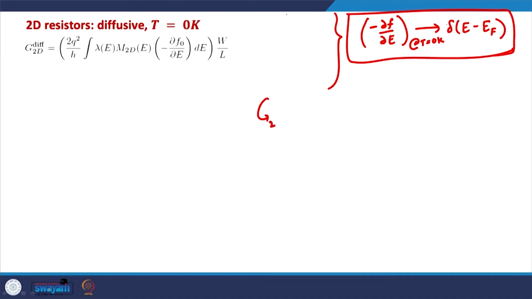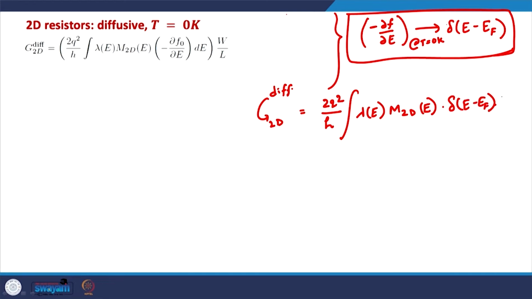So now, for a 2D diffusive conductor, the conductance can be written as 2q square by h, integral of lambda E m 2D E, times minus del f by del E, which can be written as delta of E minus EF, dE, and all this times W by L.